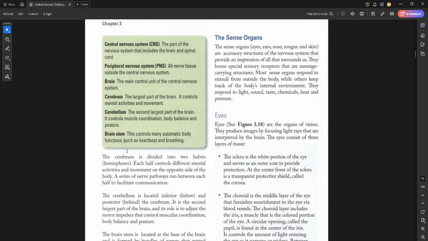In the board exam itself, they're not going to ask you, what is the sclera? What is the choroid? They're not interested in that. They may ask you about surgical procedures associated with a sense organ.